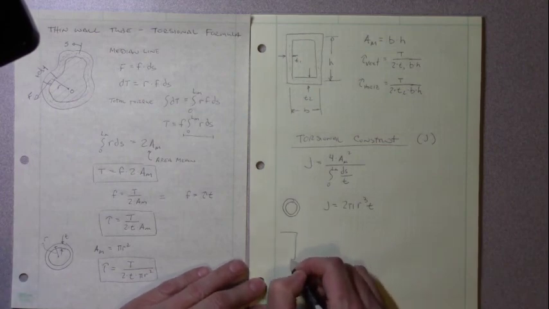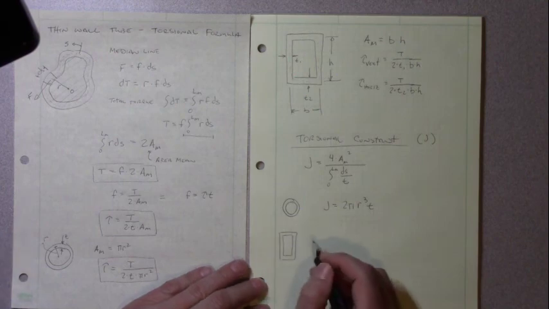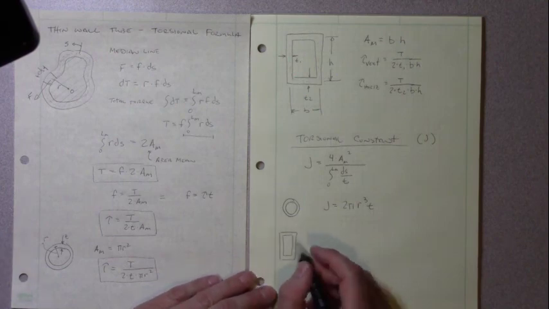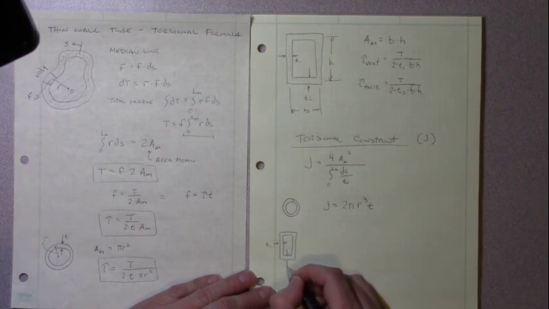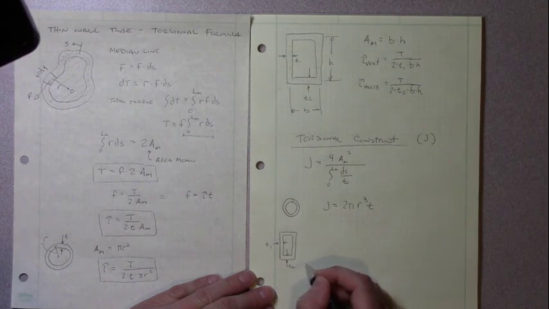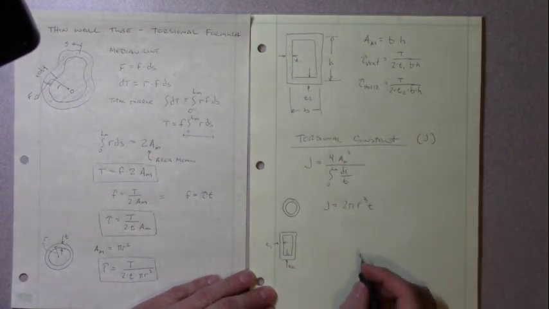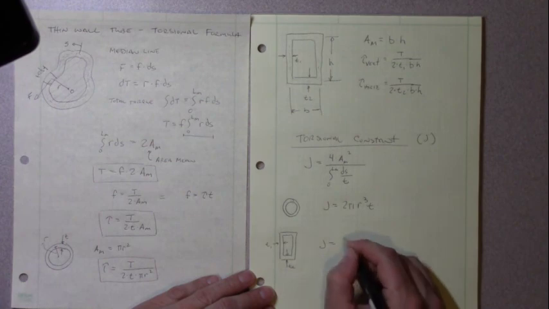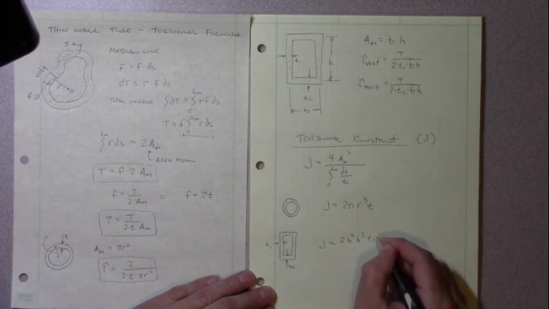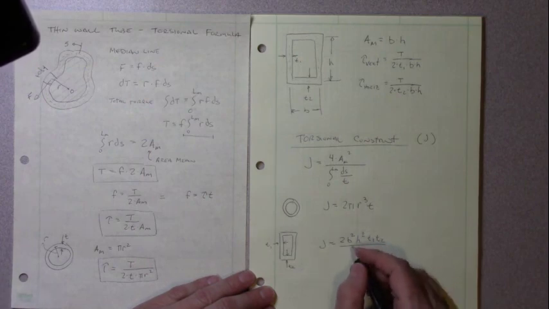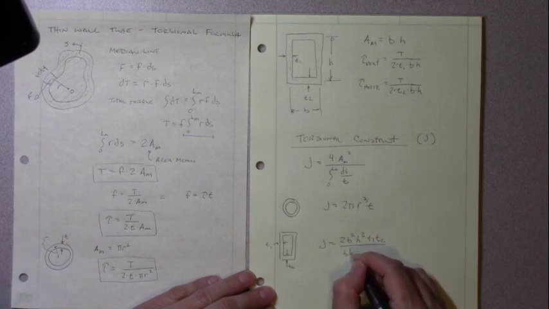For a thin wall rectangular section, where we have T1 and T2, same values as we did previously, J is going to be equal to 2 times base squared, height squared, T1 times T2, all divided by base times T1 plus height times T2.